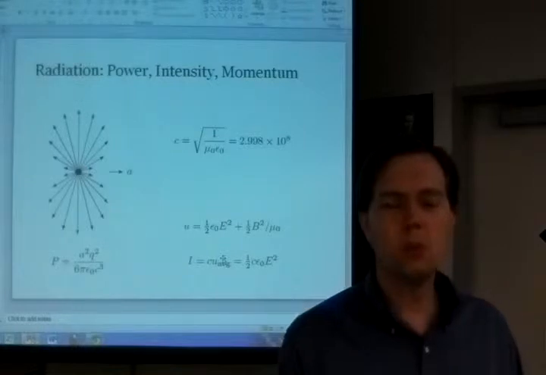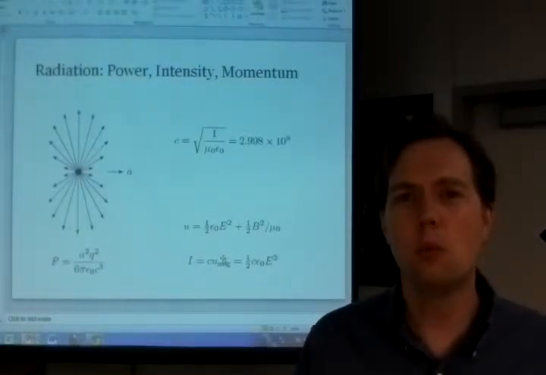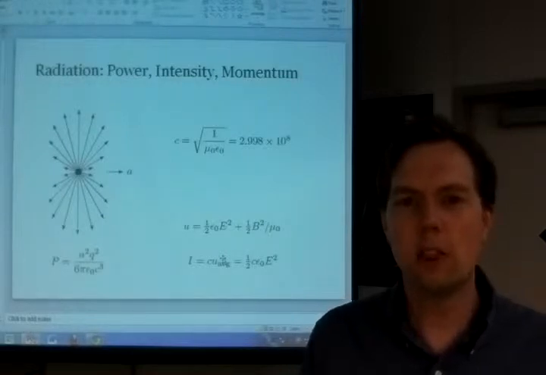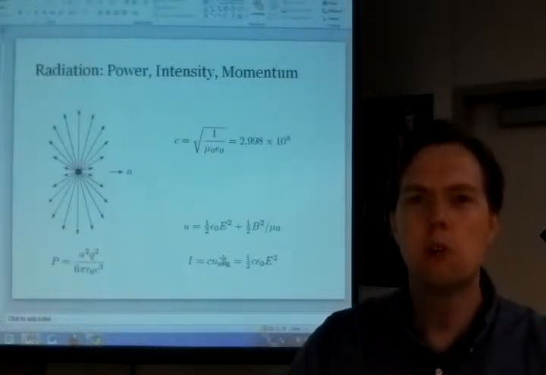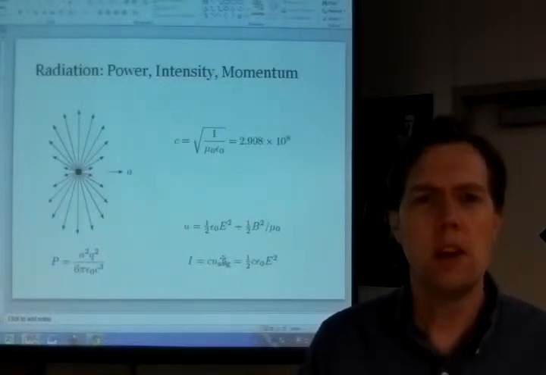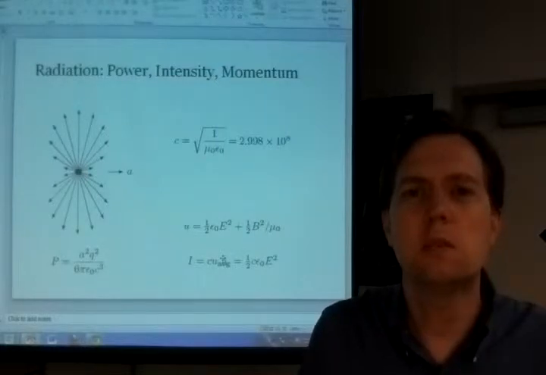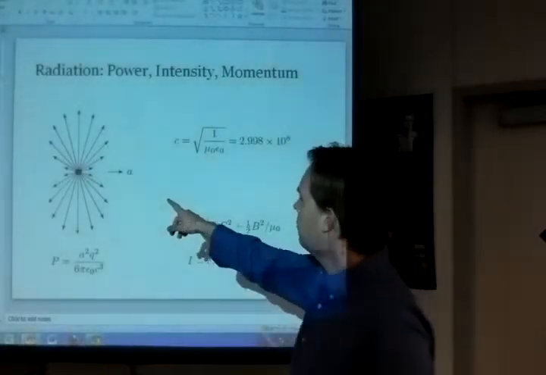And so that's one of the powerful things of Maxwell's equations, is that when he went through the mathematics and realized there was a wave radiation associated with the electromagnetic field, basically he calculated what is the speed associated with that wave. And here's the formula.